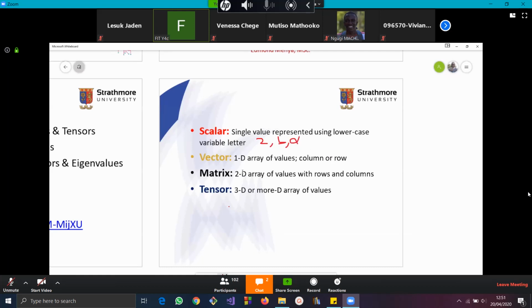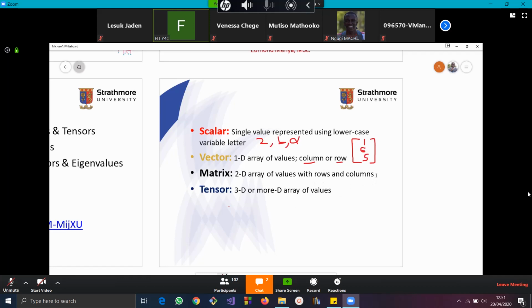Alpha, etc. Then a vector is a one-dimensional array of values. It can be a column vector or a row vector. So we could have something like this, maybe 1, 6, 5. This is a column vector. This will be the most common.